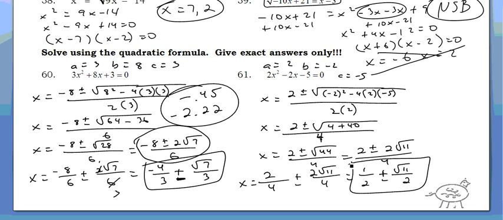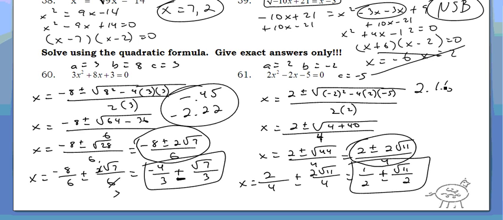If I want to do a decimal approximation, again from this point right here, math fans, 2 plus or minus 2 root 11 over 4. Okay, so I'm going to do it right now. 2 plus 2 root 11 equals, divided by 4 equals, so 2.16.